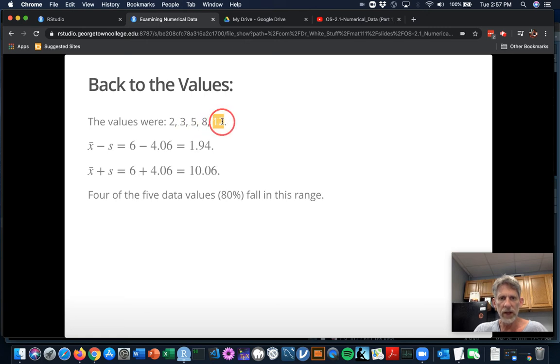The only one that doesn't lie in that range is the 12. So 4 of the 5 data values, 4 out of 5, 80% of the data values fell inside that range. A majority of the data lay within 1 standard deviation of the mean. You're going to find that that happens a lot with data sets.